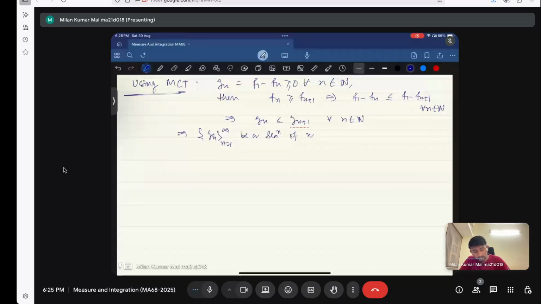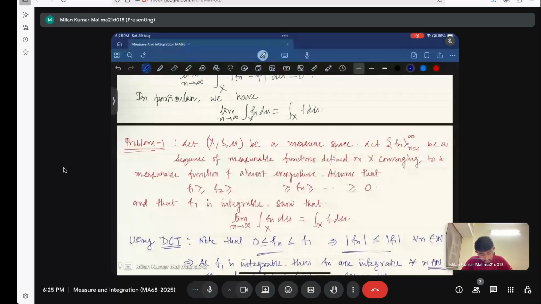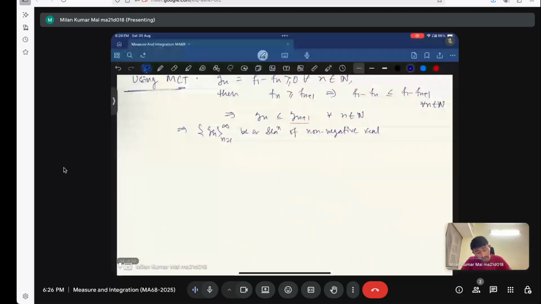So Gn is a sequence of non-negative extended real valued measurable functions. It is extended real valued because we have not assumed fn to be real valued.